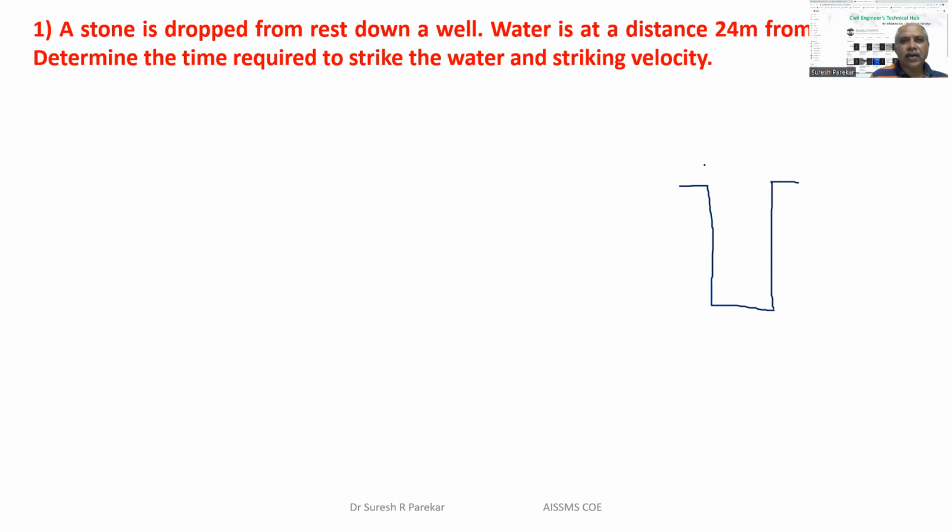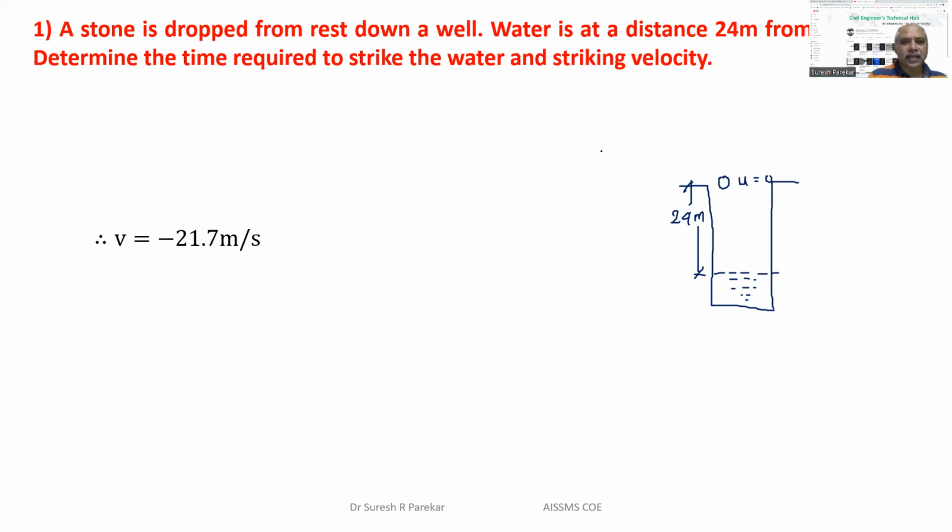So a stone is dropped from rest, U equal to 0, down a well. Water is at a distance of 24 meters. Let us draw the diagram in mechanics. So we have this distance as 24 meters. Determine the time required to strike the water and the striking velocity.